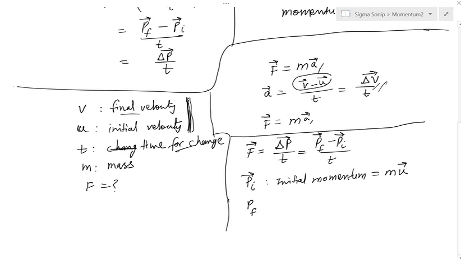Then we find the final momentum, which is m times v, and then we find delta p as pf minus pi. We find this, and then we divide by time to get our force.